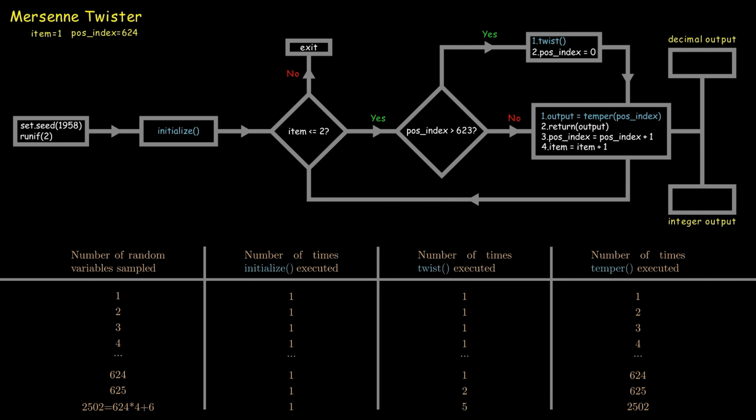And if we are sampling 1,000 random variables, then it'll be executed 1,000 times. In our baking analogy, the temper operation is like adding all the frosting and sprinkles to the donut after it is baked. And importantly, we will do so only for the 3 donuts that have been requested, even though we baked 624 of them. It's finally time for our high altitude step through the algorithm.